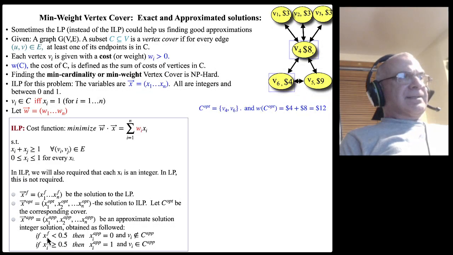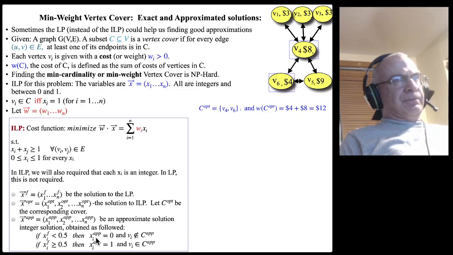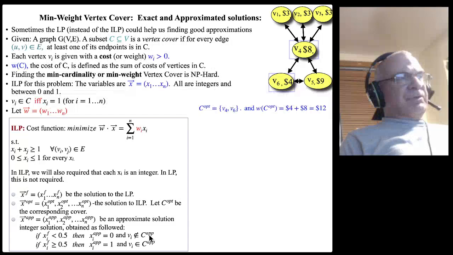If the solution for the linear programming, xif, is smaller than half, then xi approximate is rounded down, truncated to be 0, and in this case, I will not place the vertex vi in the approximated vertex cover.